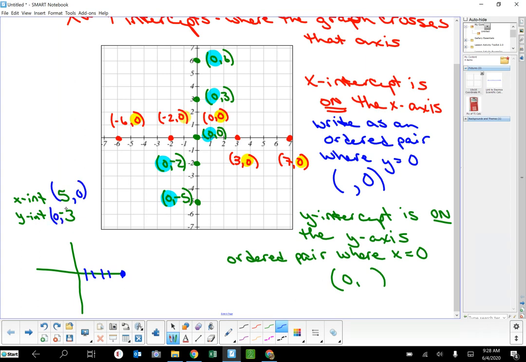The y-intercept would be that ordered pair. And then you would have a line that would be drawn between those 2 points. And that's how you would create or generate a line when you're given the intercepts. Okay? I think that's all you really need to know.